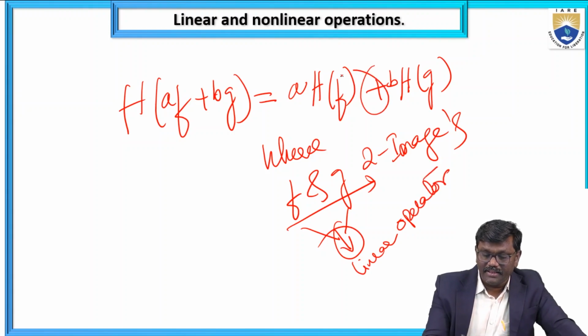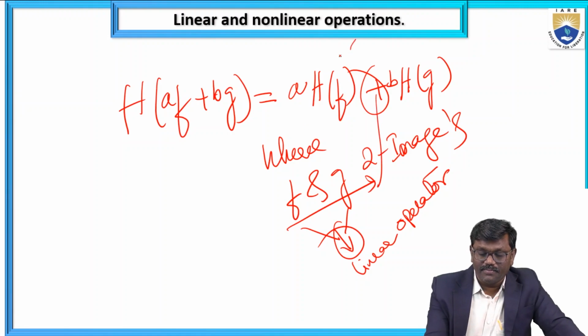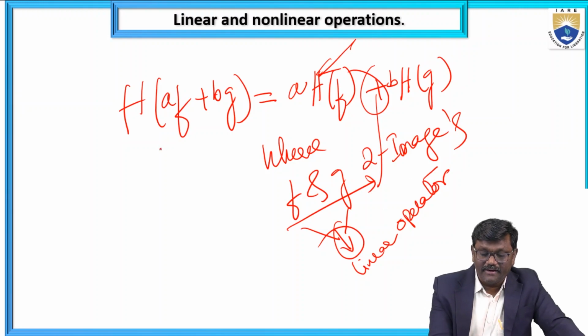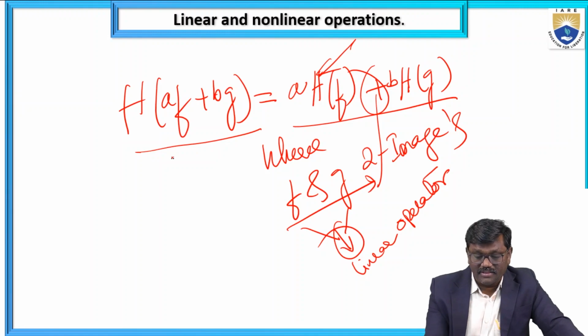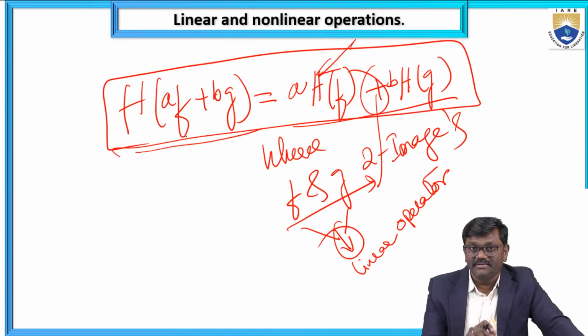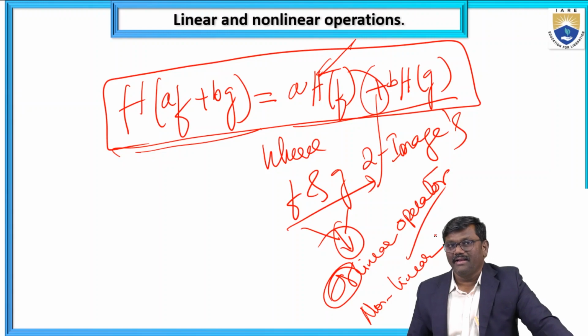When you are applying the linear operator between two images with the help of your H operator, you are proceeding based on the complete condition. If this condition is satisfied, then we call it a linear operator, or else non-linear. Automatically it becomes non-linear. Very simple to understand.